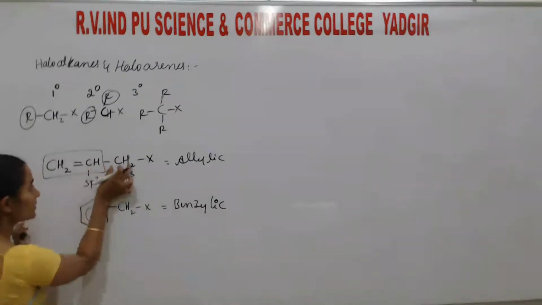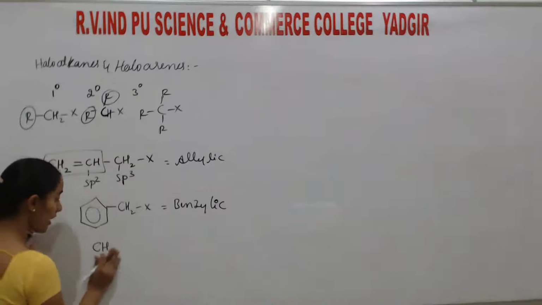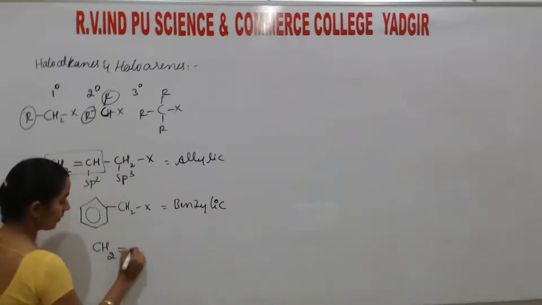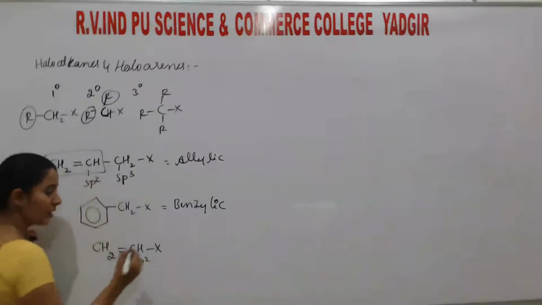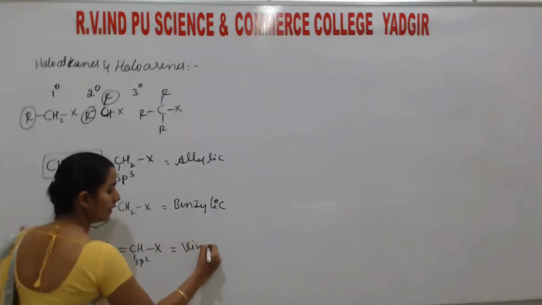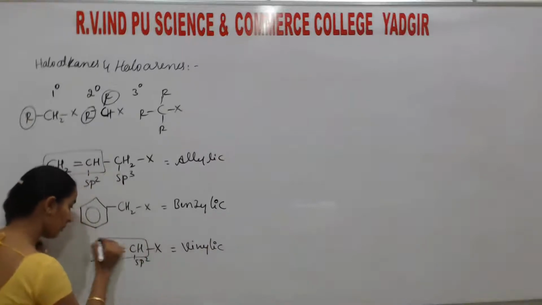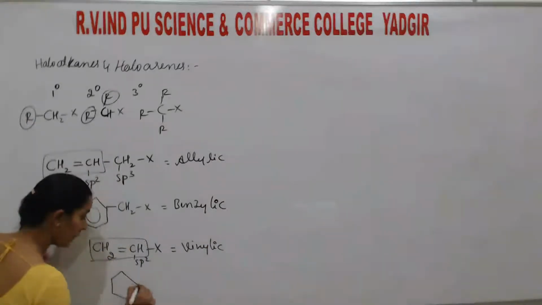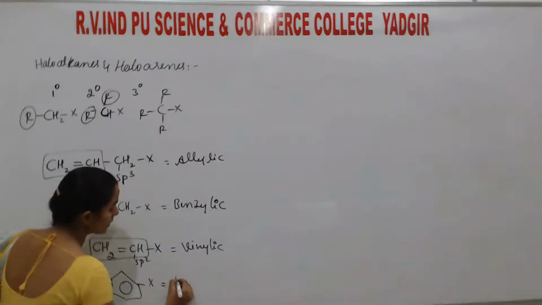Next, instead of this sp3 hybridized carbon, if the halogen is directly attached to an sp2 hybridized carbon atom, then it is vinyl. If this group is a benzene ring, then it is aryl.